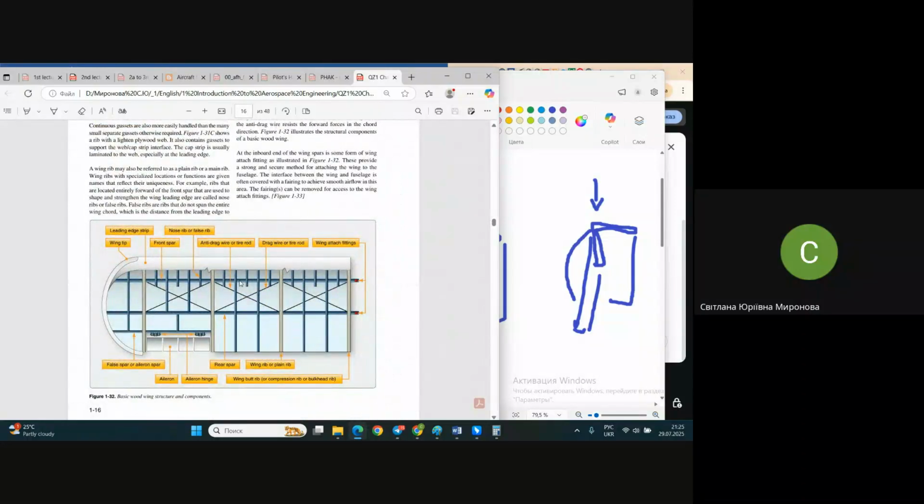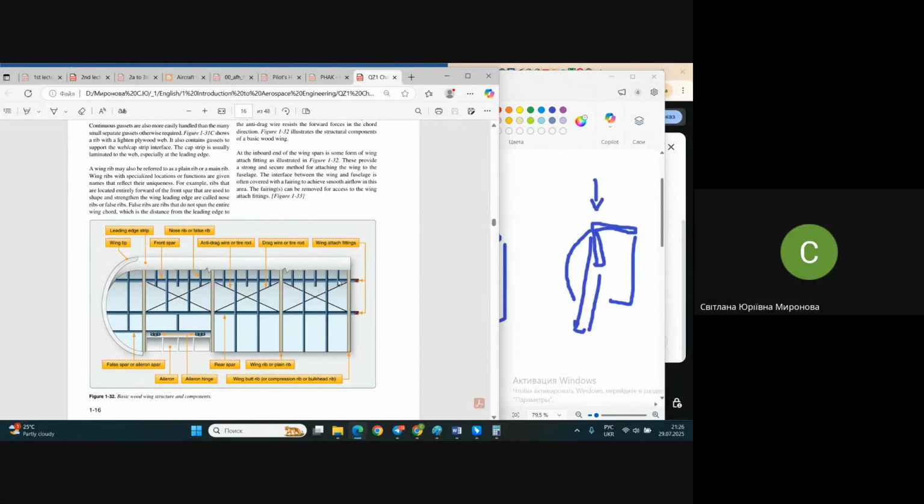And once again, now we see the wing from the top. And you see here some names, the nomenclature of the wing, so-called. Look, the longitudinal element, spar. Here is the front spar, the rear spar.